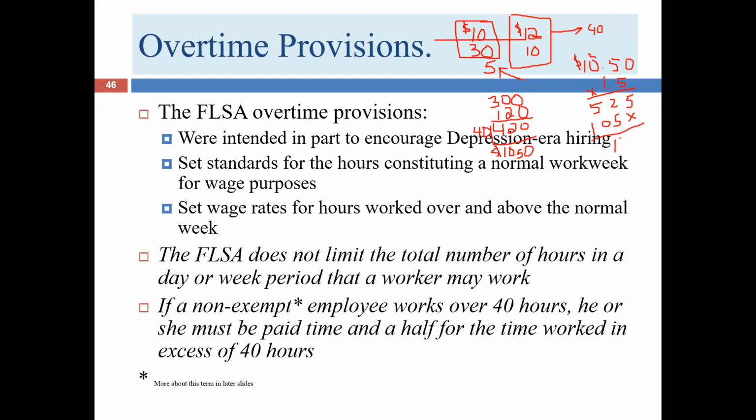So it looks like he is going to earn $15.75 for his overtime rate for those 5 hours. So of course, to figure out how many total dollars he earns, we'd multiply this by the hours that he works over 40. Check my math, I'm doing this kind of quickly.